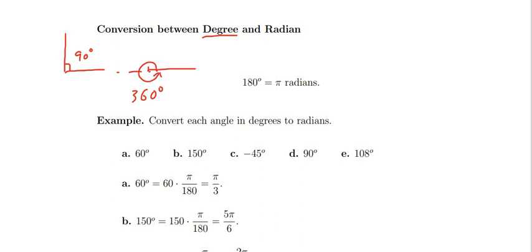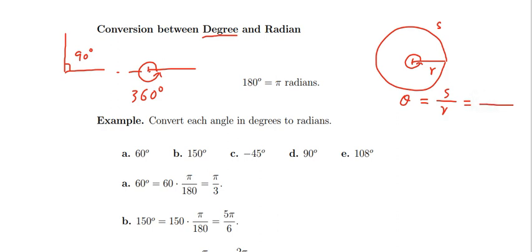Okay, so in radian, suppose this is R. Then turn around. Then what is this angle? What is S over R? If we turn around, then this S becomes the circumference of the circle. So we know this S is 2 pi R, right?